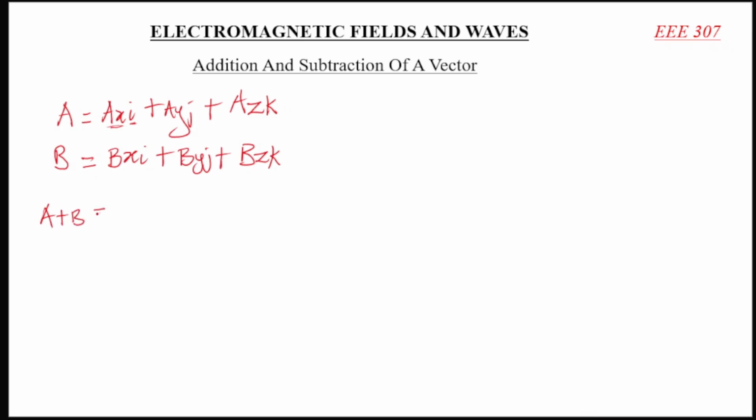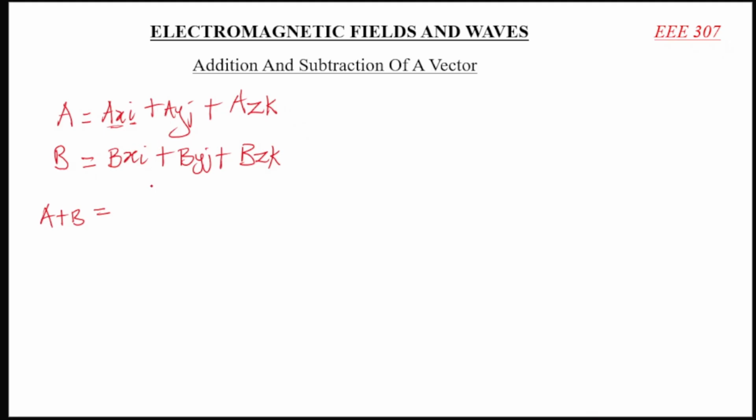What will be A plus B? Now, A plus B here will simply be, what are you seeing here? i. What are you seeing here? i. So we are adding those two vectors with the same direction, or the same unit vector. Am I communicating?